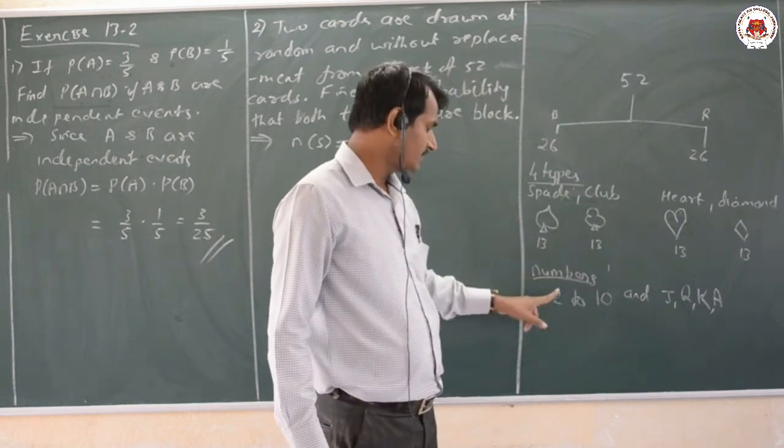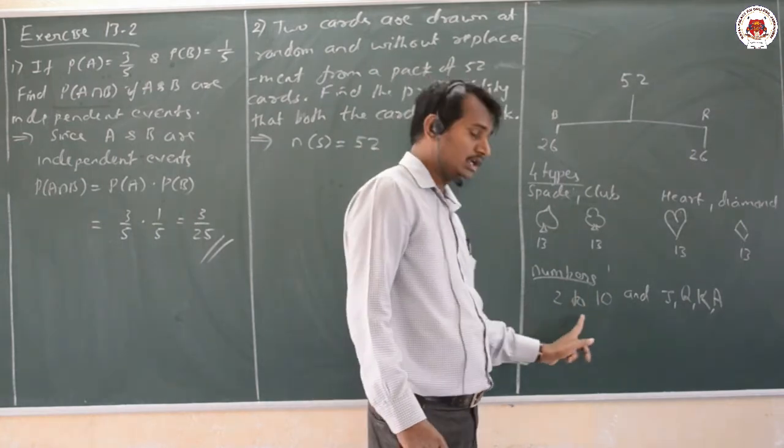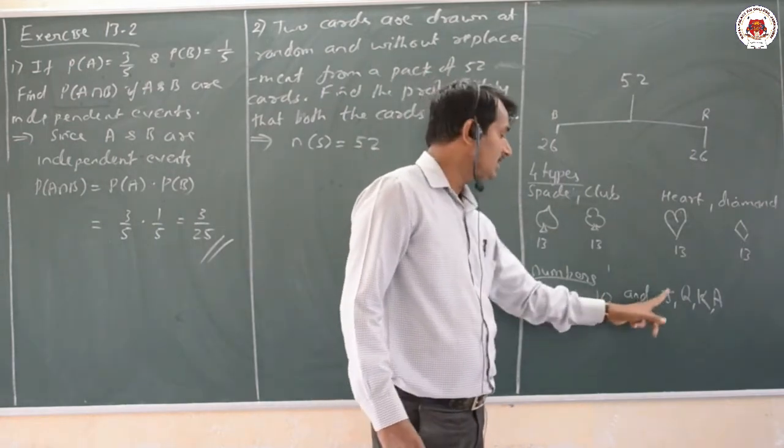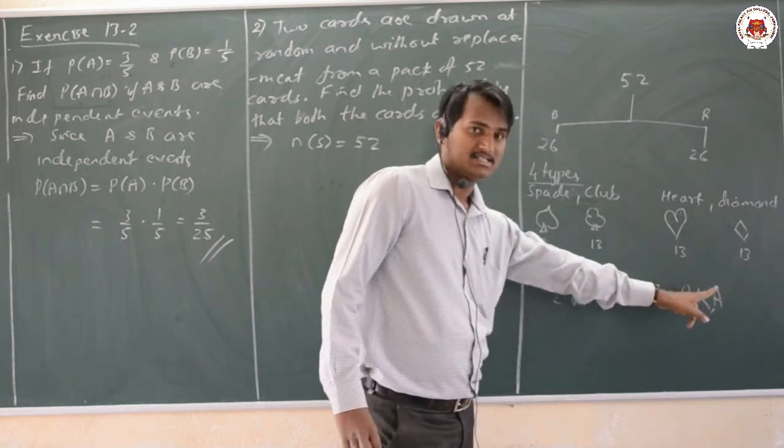That's why there are 13 types. The 13 values are 2, 3, 4, 5, 6, 7, 8, 9, 10, J, Q, K, A, that is Jack, Queen, King and Ace.